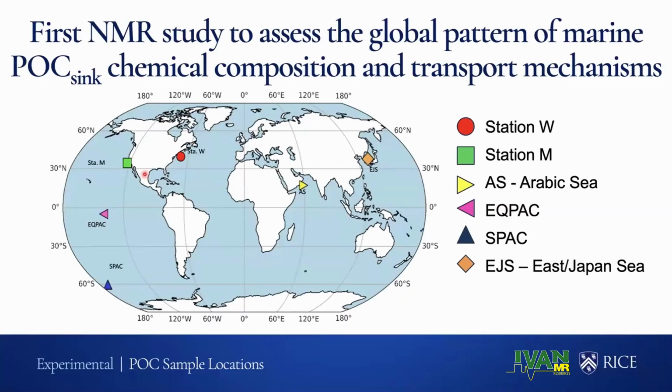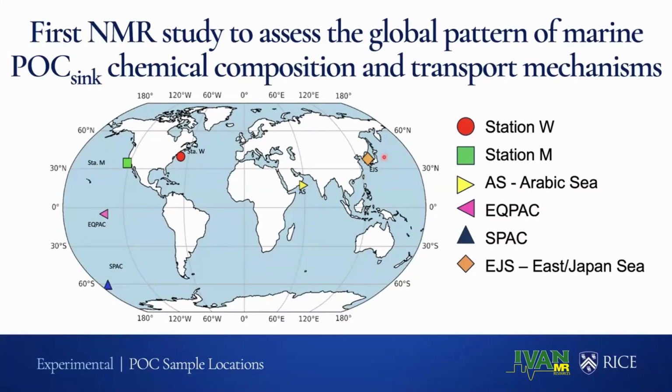Station M is also one of the longest sediment trap sites. And we have 3 additional JGOFS sites, including the Arabian Sea, the Equatorial Pacific and the South Pacific, as well as the East Japan Sea site.